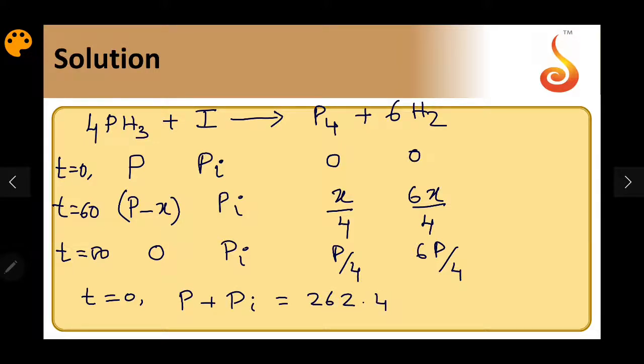And at t equals infinity, P by 4 plus 6P by 4 plus Pi is equal to 276.4. This is the first set of data. The t is equal to 0 and t is equal to infinity I have taken. So from this I can calculate both P as well as Pi. So I'll go to the next slide for that.